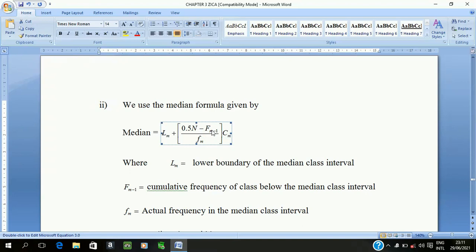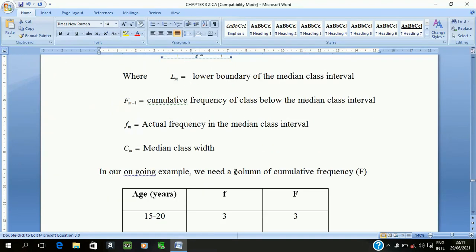Please take note, when you see a capital F, it stands for cumulative frequency. Then down there, the denominator, you have the actual frequency of the median class, and C represents the class width. That's what we have in our formula.